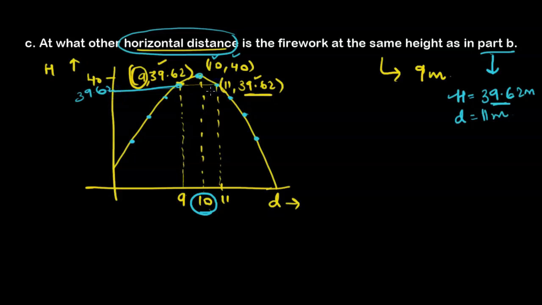On the right side, if this occurs at 11 meters, on the left side it will occur at 9 meters, because the graph is symmetrical and these heights are always equidistant from the vertex. So the same height, 39.62, would occur at a distance of 9 meters. So when they ask for the other horizontal distance with the same height as in part B, the answer is going to be 9 meters.